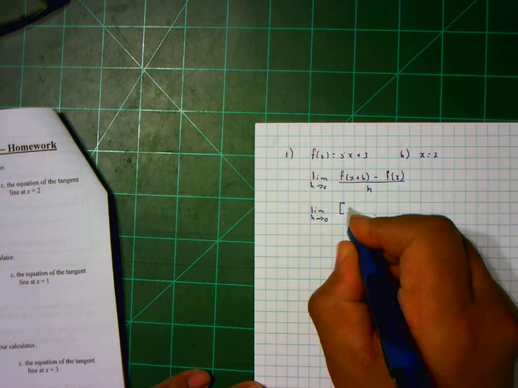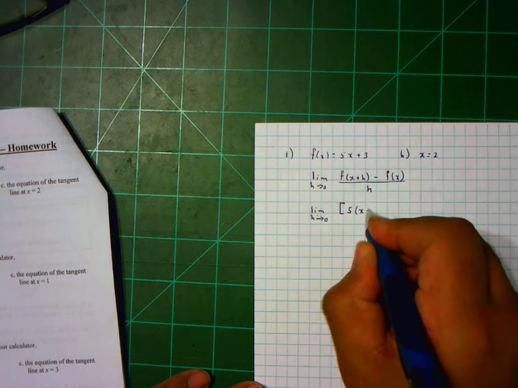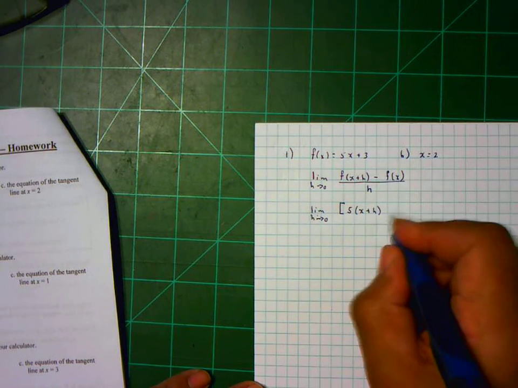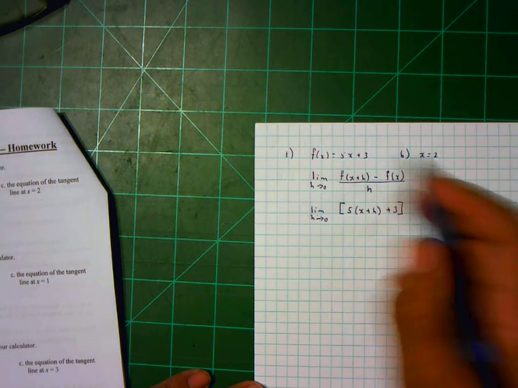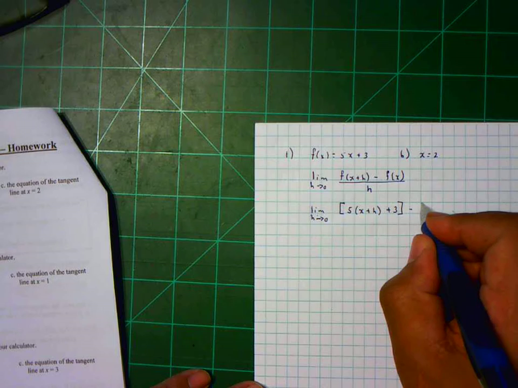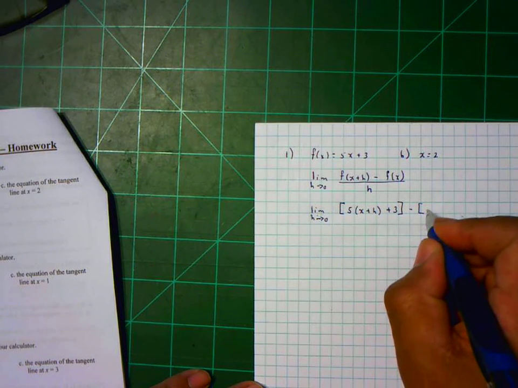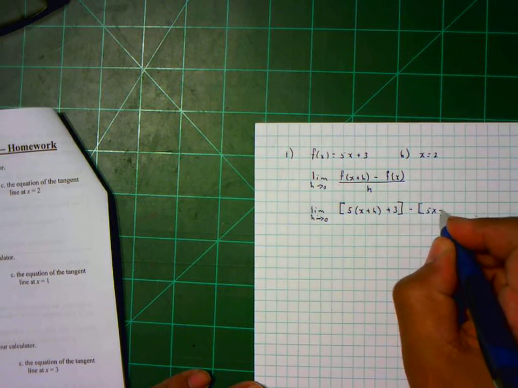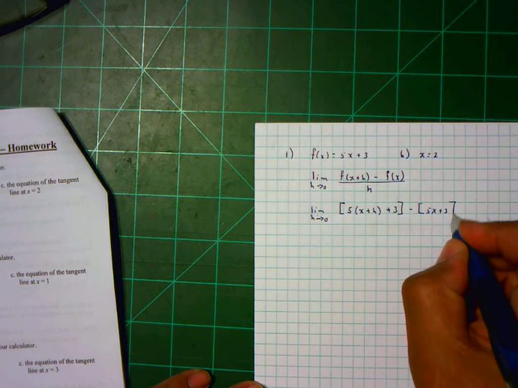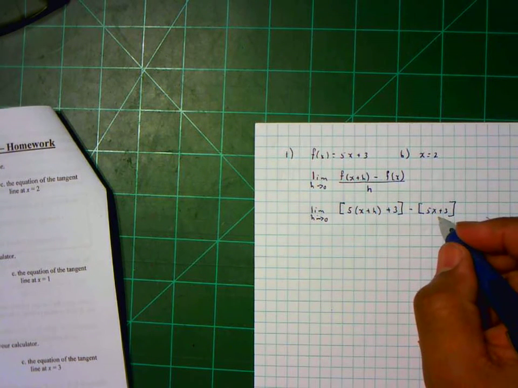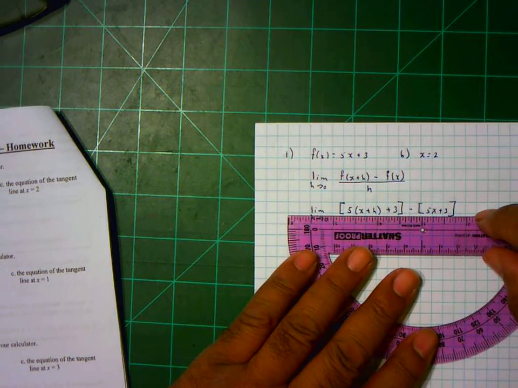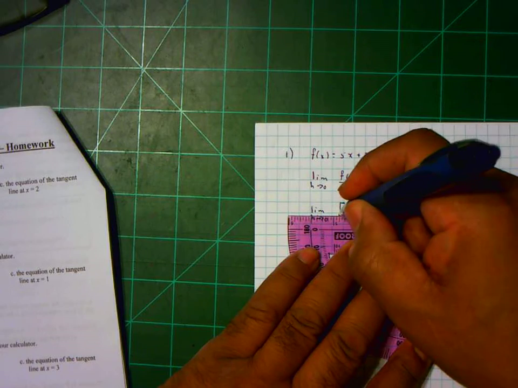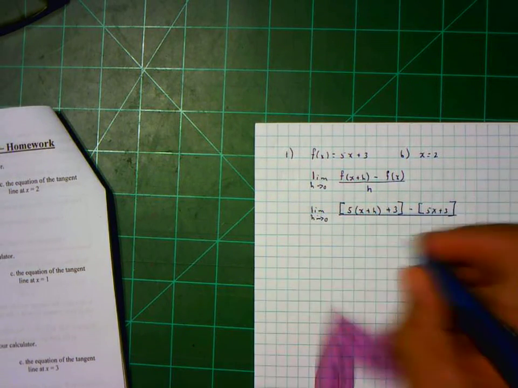So this becomes 5 times (x plus h) plus 3. And then I'm going to subtract the original function from that, 5x plus 3, and then divide that by h, all divided by h.